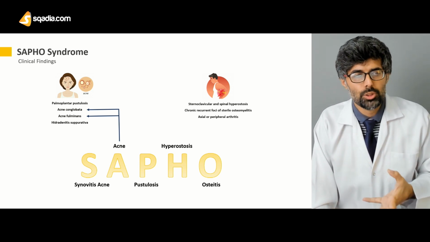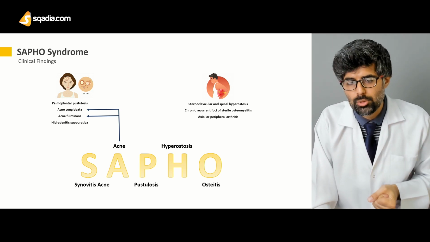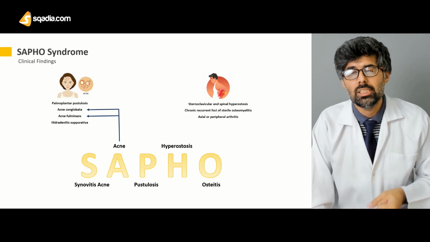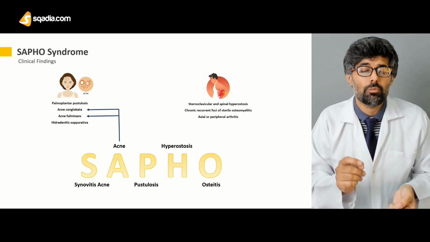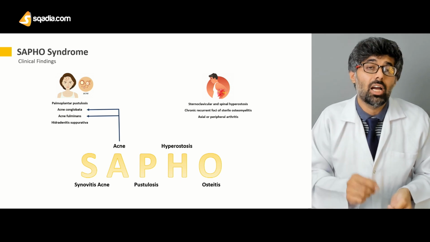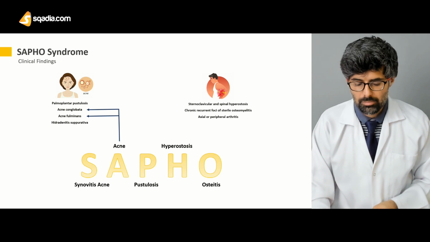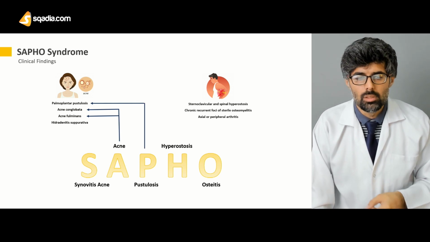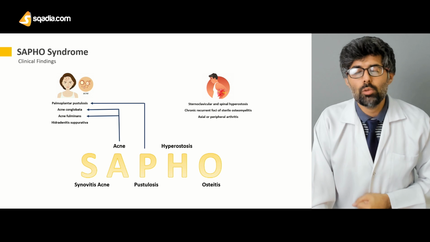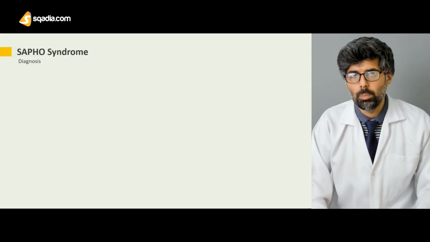The hyperostosis, now that comes from the sternoclavicular and spinal hyperostosis, and osteitis comes from the foci of osteitis and osteomyelitis, which are sterile in nature, that there is no bacterial involvement. So when we link all of these together, we have the SAPHO syndrome.